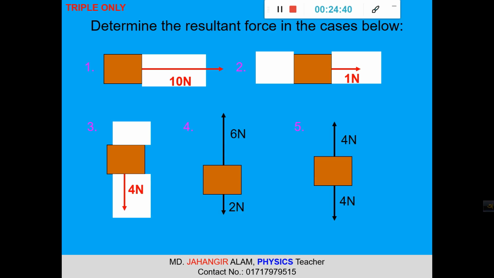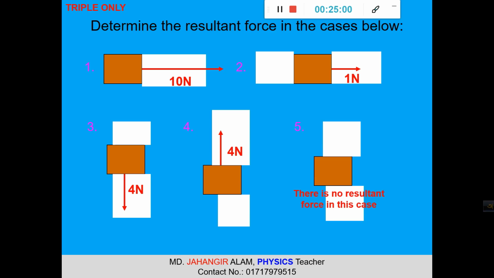Question number 4, 2 Newton force acts downwards and 6 Newton force acts upward. So the resultant force will be 4 Newton upward. Question number 5, 4 Newton force acts downwards and 4 Newton force acts upward. So there is no resultant force in this case.